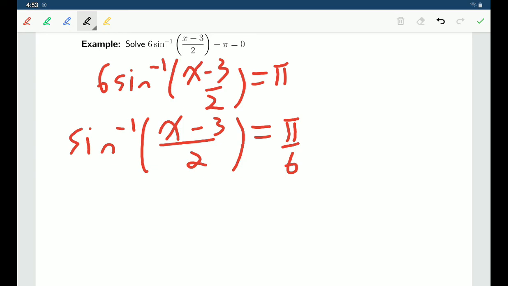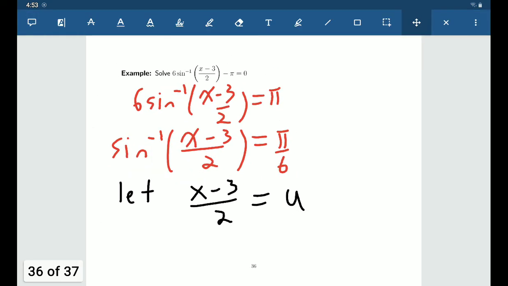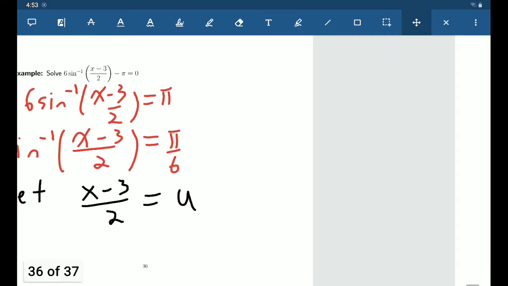Notice again, this is one where it's not just sine inverse of x, it's sine inverse of a function of x. So this is where I'll maybe do a little bit of a substitution. I'll replace x minus 3 over 2 with u. So that means I would now have, instead of sine inverse of x minus 3 over 2, sine inverse of u equaling pi over 6.